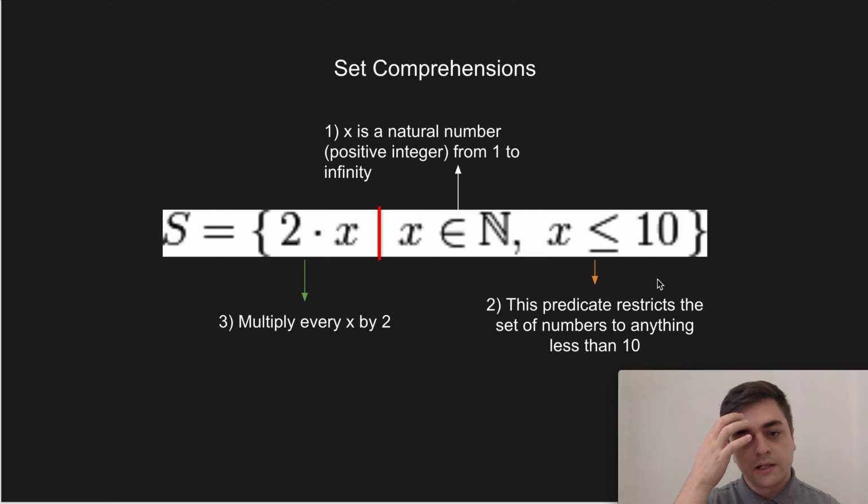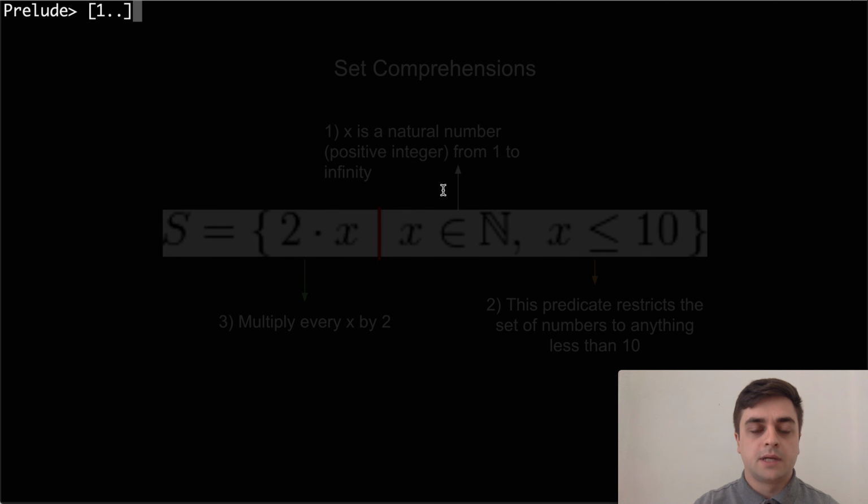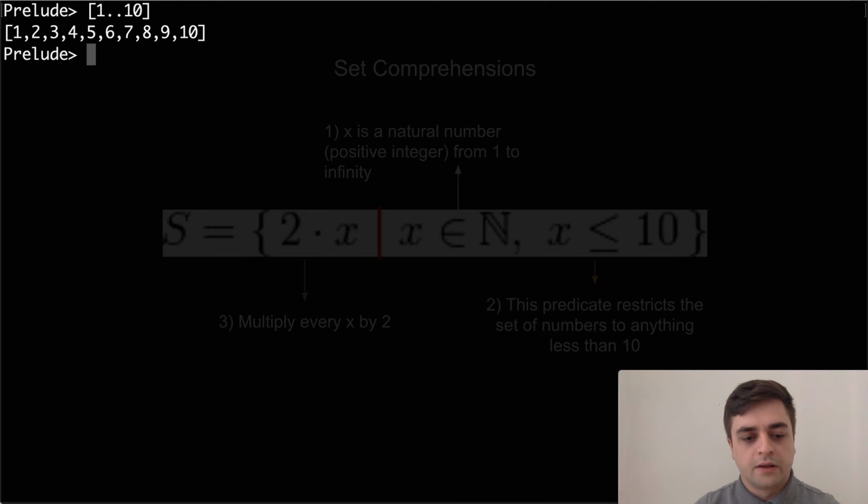What it does is it reduces the list of possible values that we're going to look at in this set, right? So this predicate says let's restrict the set of numbers to anything less than 10. So now we've gone from a potentially infinite list from 1 to infinity, to basically a list between 1 and 10. It's quite simple.